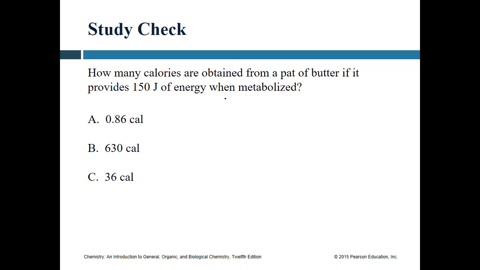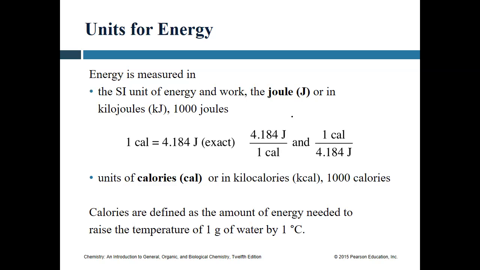Okay, so we want to convert 150 joules to calories. Now, really, there are two ways that we can go about doing this. Which one you choose really comes down to what you are the most familiar with, what you are the most comfortable with. Your book is going to favor something called the factor unit method, or dimensional analysis. How that works is we start with our measured value and we multiply by this conversion factor.